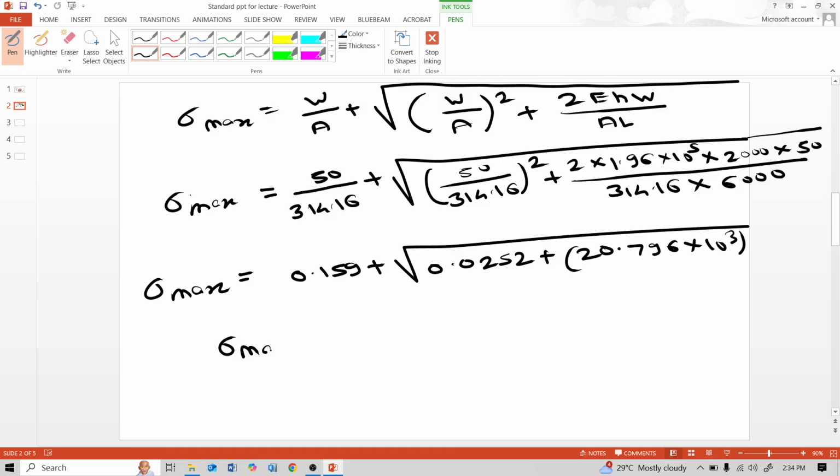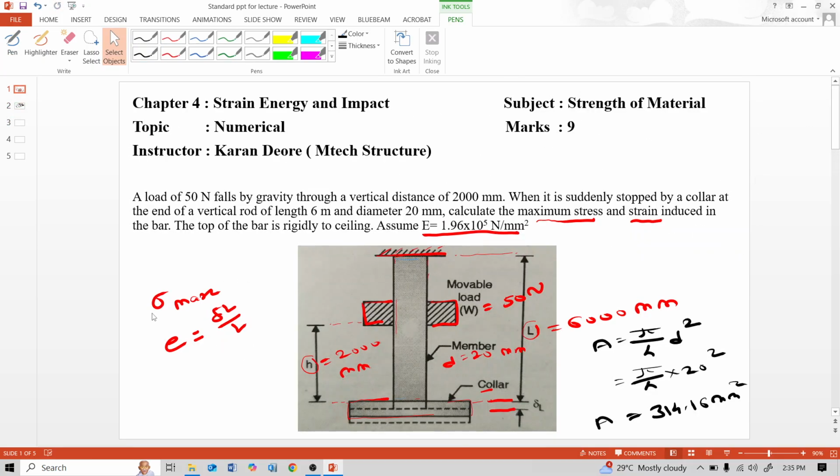So this sigma max is equal to 0.159 plus the square root of 0.0252 plus 20.796 into 10 raised to 3. That means this sigma max is 144.367 Newton per mm square. So our first problem statement is complete. We found this sigma max.